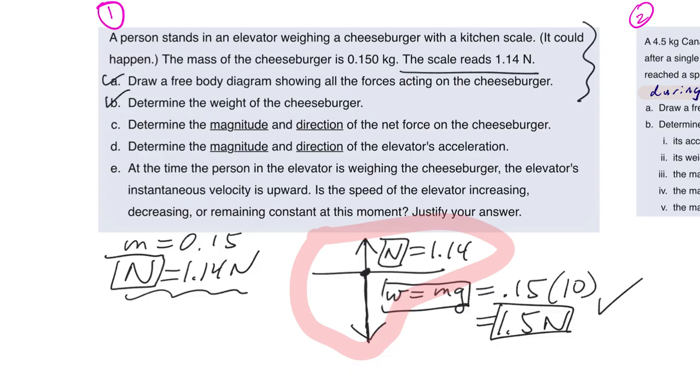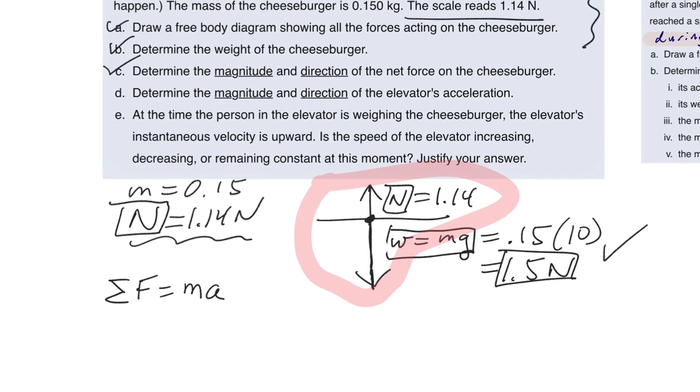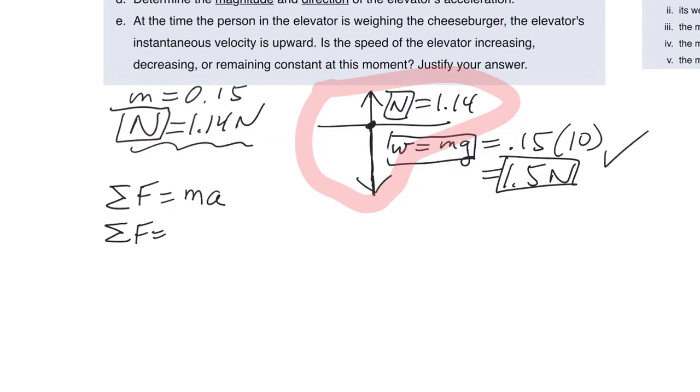Determine the size and direction of the net force on the cheeseburger. Okay, the net force is equal to MA. I can't use that, so I got to use my diagram. So net force is the sum of these vectors. Which one's bigger? The one pointing down. So it's the one pointing down, the bigger one, 1.5, minus the smaller one, 1.14.